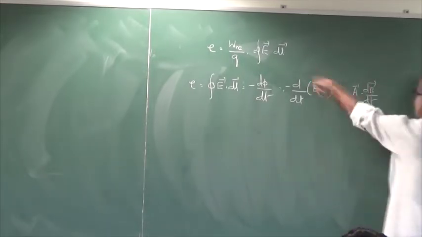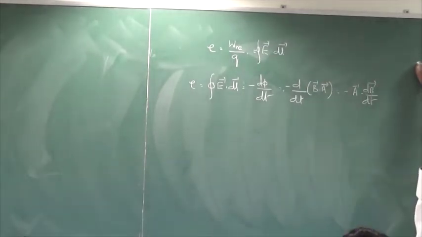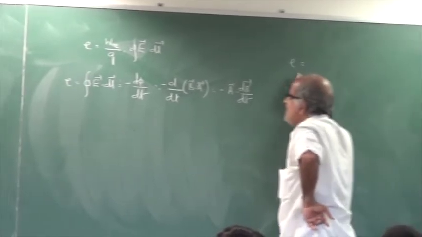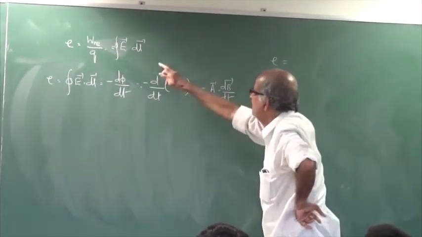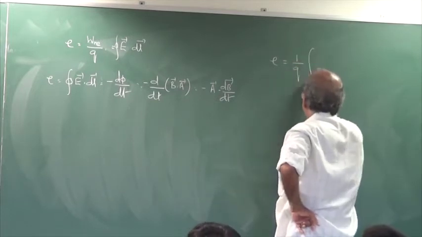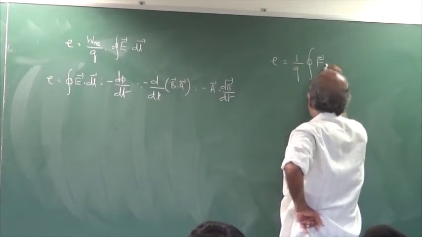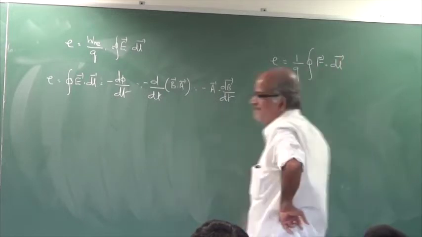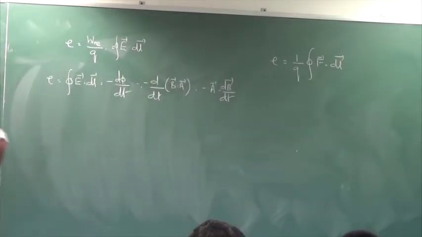Now, let's come back to this. Induced EMF is given by, I can put it as 1 by Q, integral of F dot dl, where F is the force acting on the charge.